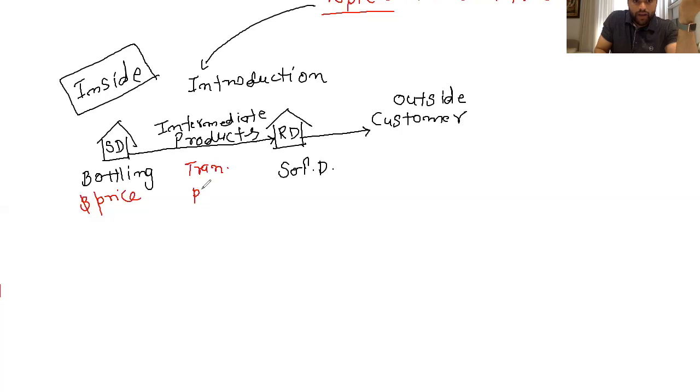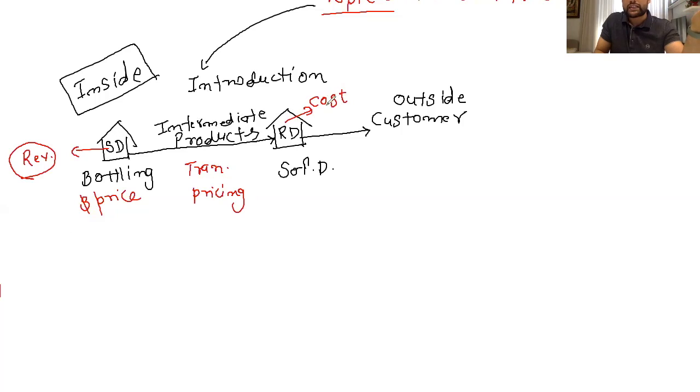In transfer pricing, the supplying department is generating revenue for its division. And the receiving department is bearing a cost, because the supplying department transfers some kind of product and services to the receiving department, which means the receiving department has to pay money.